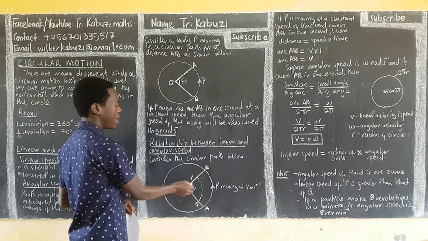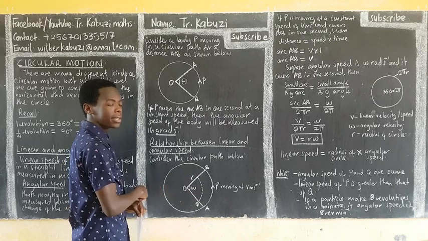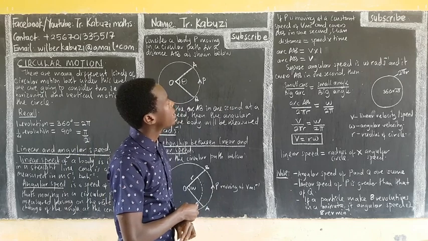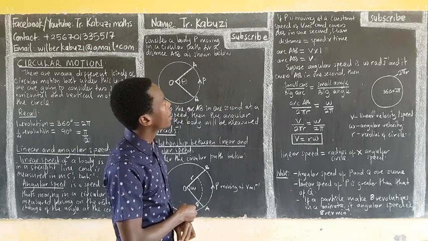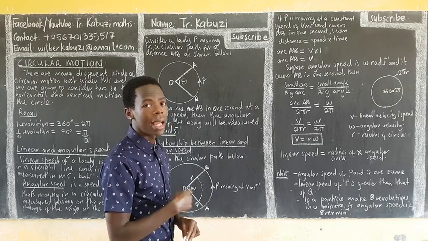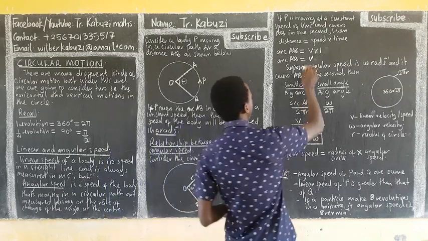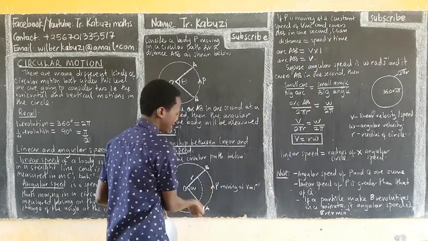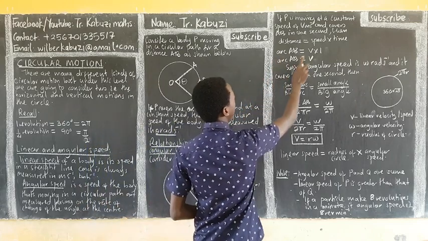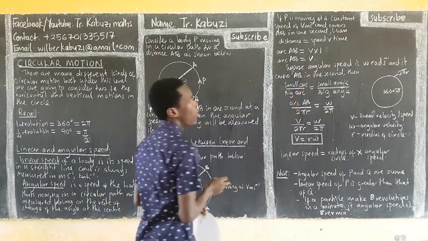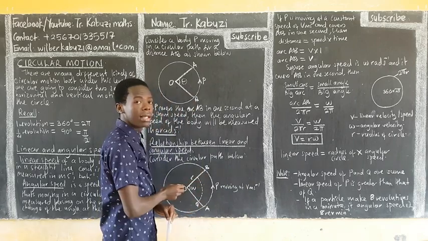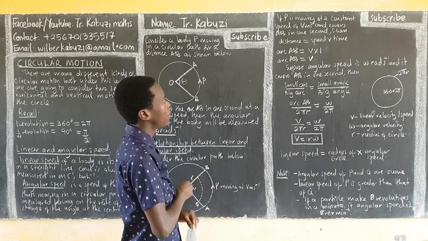The radius of the circle forming the circular path is R. If P is moving with a constant speed of V meters per second and covers AB in 1 second, then to get distance, we take speed times time. So it's covering the arc AB, the distance is arc AB, and the velocity is V times 1, which is V. So the arc AB is according to the speed we are using there.